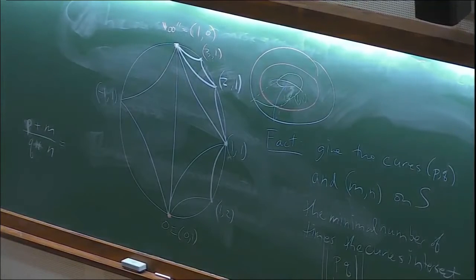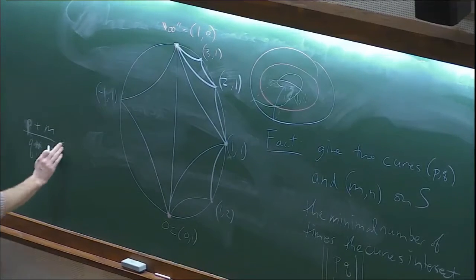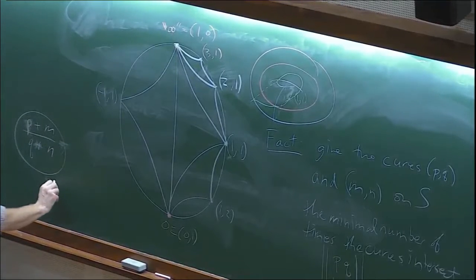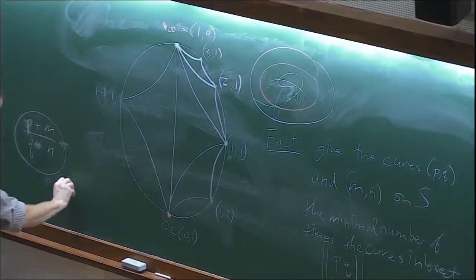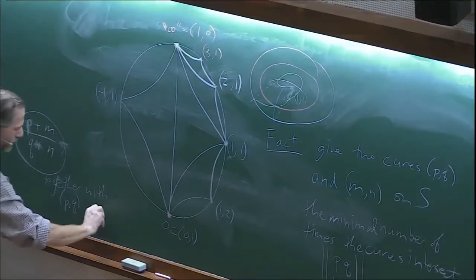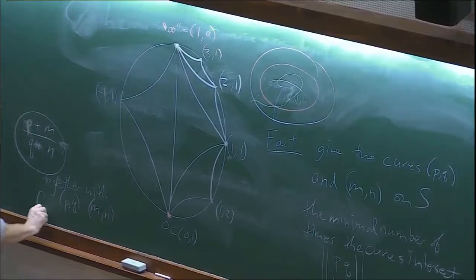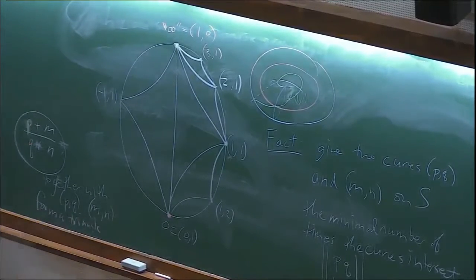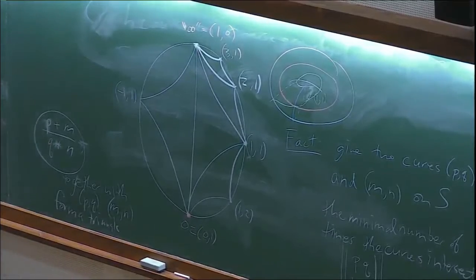If you do that, you get another curve. So this ratio together with PQ and M and N form a triangle. They form a triple of curves which pairwise intersect once.